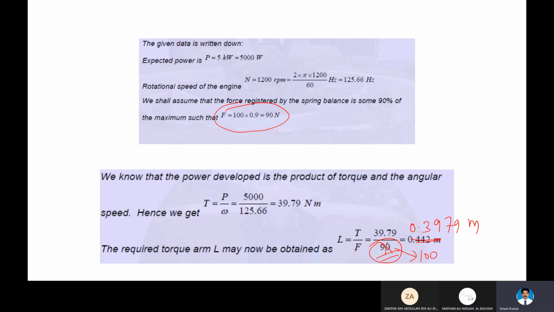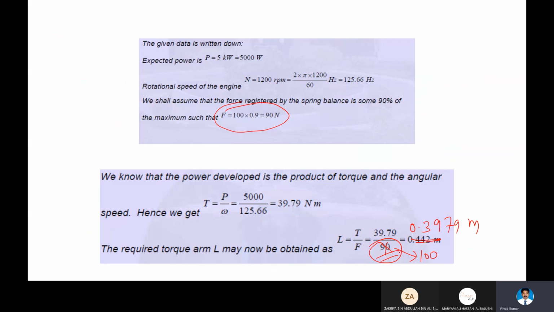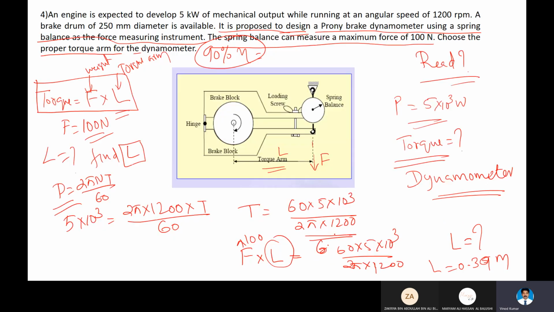Is that clear? If the efficiency is not given, you don't need to do that. You can directly substitute it as 100. Any system has got an efficiency. We don't know how much the efficiency is. It could be 1%, 10%, 20%, or even 0% or 100% efficient.